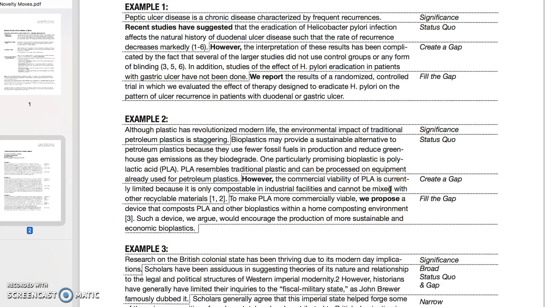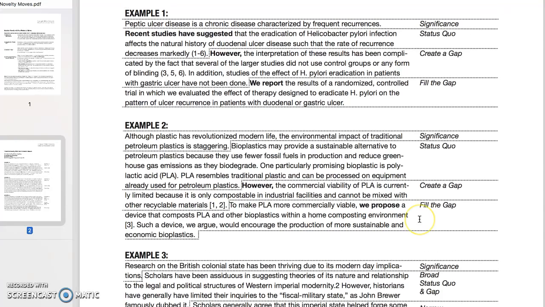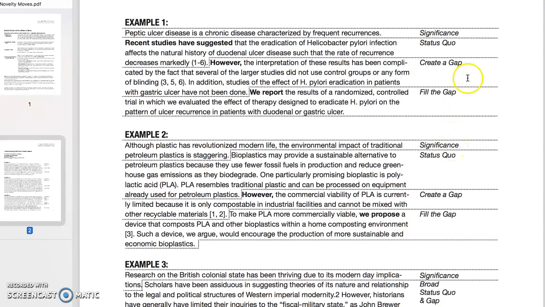So this signals to the reader that again, we're moving from what has already been established, what remains to be explored, into this is what we have found, this is what we want to contribute to the conversation. So these were some examples to see these moves in action and how they can look in a real text.